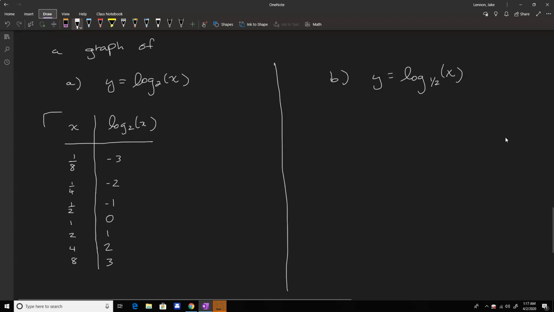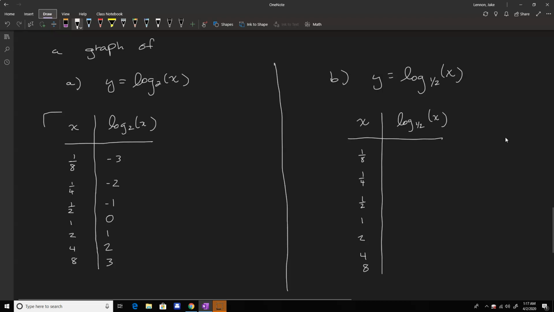Over here for part B, we can also make a table of values. And again, these are going to be very similar values, but that's just because 1/2 is the multiplicative reciprocal of 2. So if we look at the same inputs, 1/8, 1/4, 1/2, 1, 2, 4, and 8, well, basically our outputs are just going to be the opposite sign.